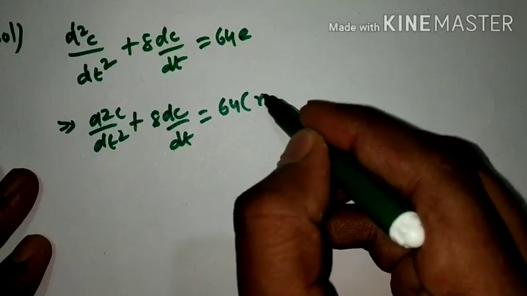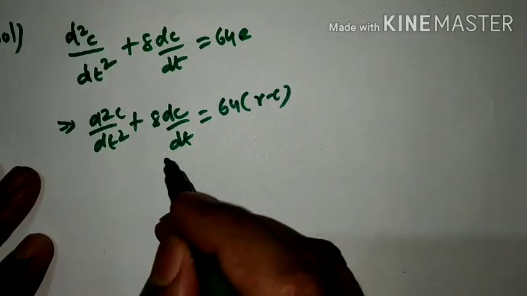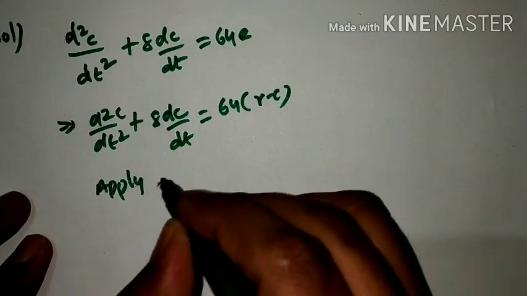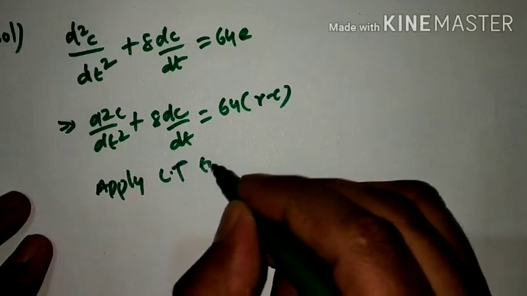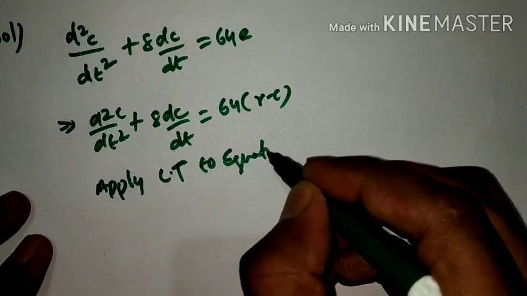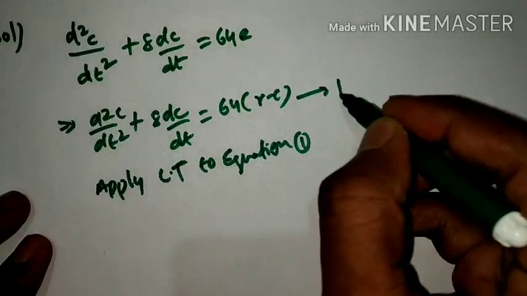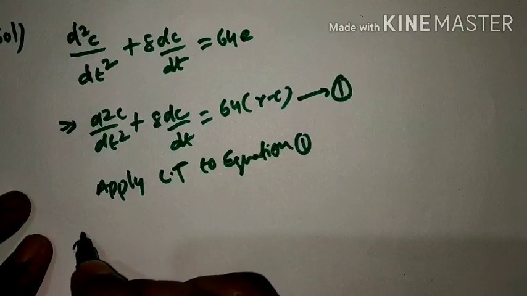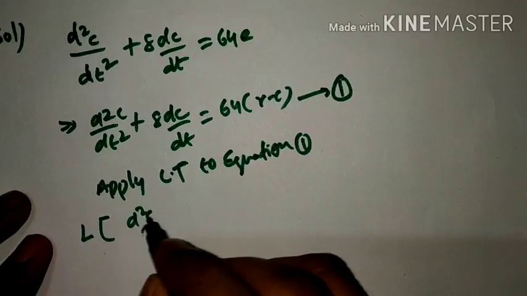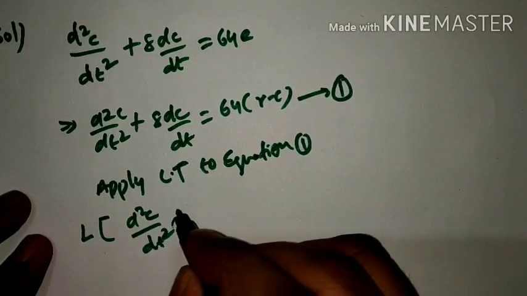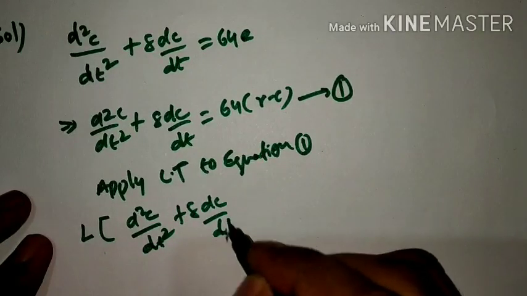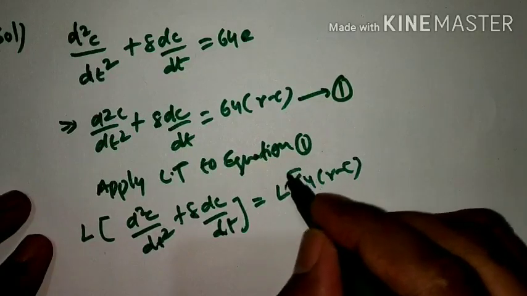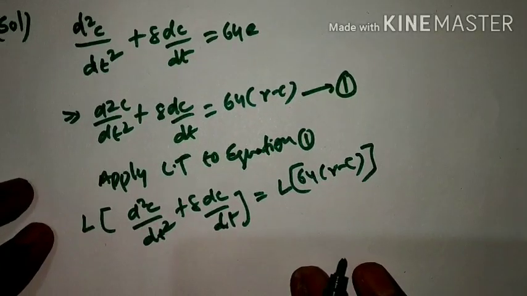E means r minus c. Okay, you apply the Laplace transform to this equation, which we take as equation 1. So when you apply the Laplace transform to this equation, what do you get?